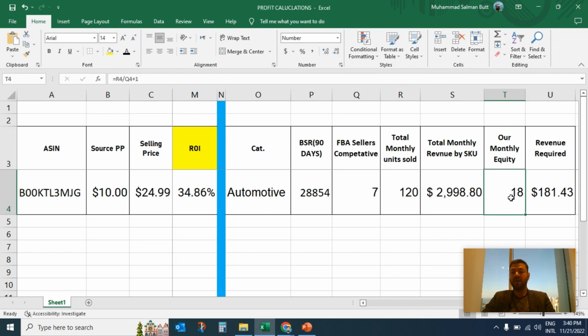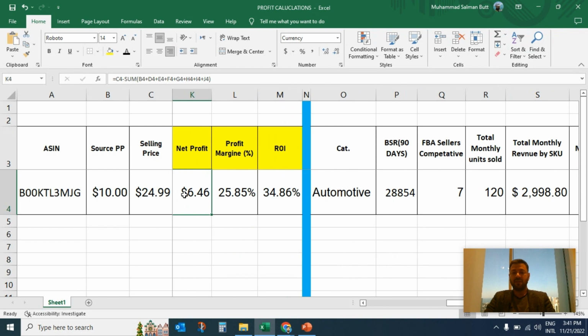So in order to buy these 18 units, I have to pay 181 dollars and 43 cents. How is it coming? I am multiplying this 18 with the source price. 18 multiplied by 10, so it is around 181, sorry, dollars. So this is how you will be able to determine the total ROI and profit margin.